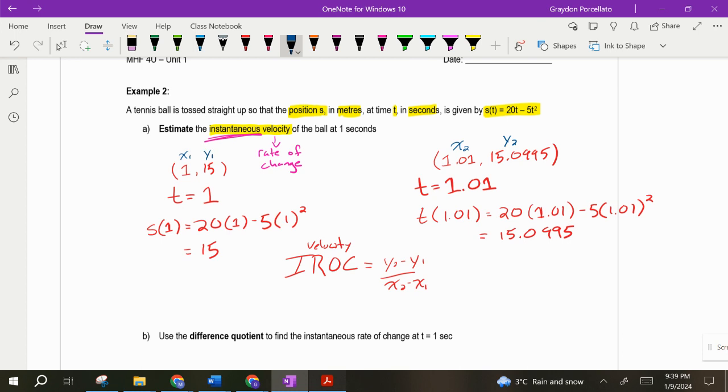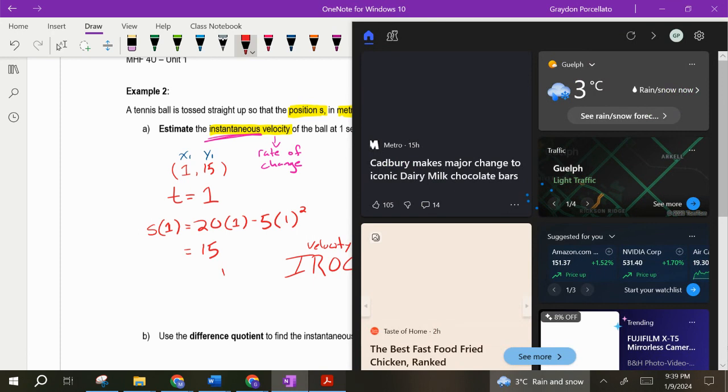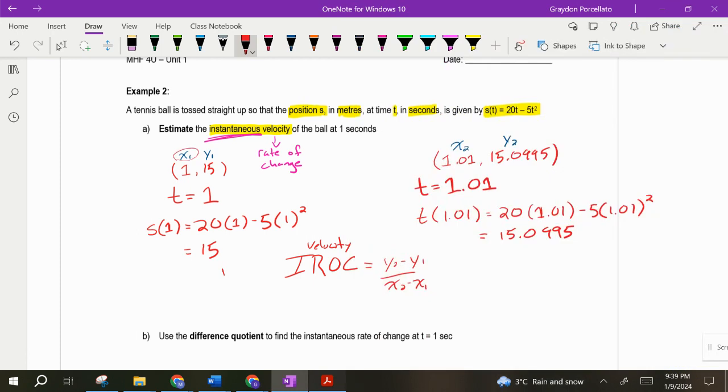It doesn't matter which way you label them; you still get the same solution. 15.0995 minus 15 all over 1.01 minus 1 equals 9.95, and that's going to be meters per second.